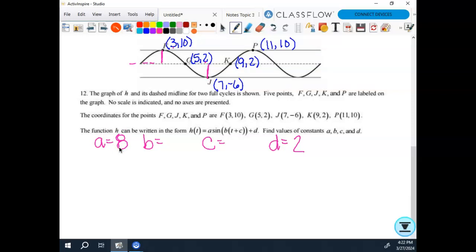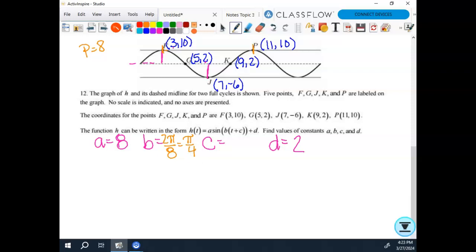Okay. Then B, I need the period to get B. So if I start here and I end here, the period is an x distance, so 11 minus 3 is 8. So my period is 8, which means I take 2 pi divided by 8 gives me pi fourths.